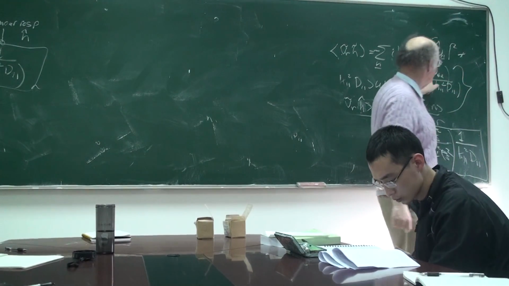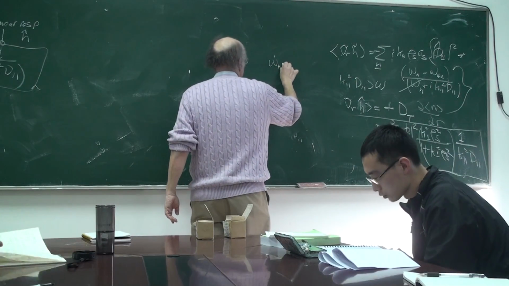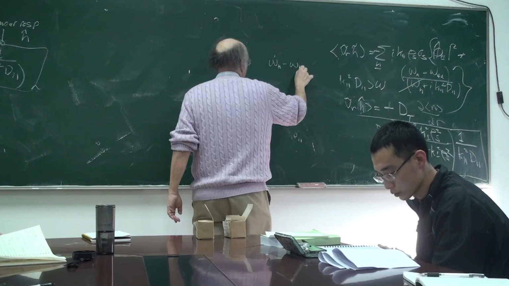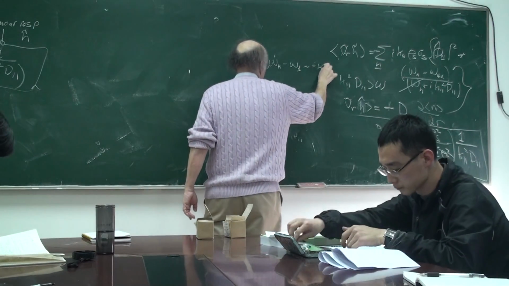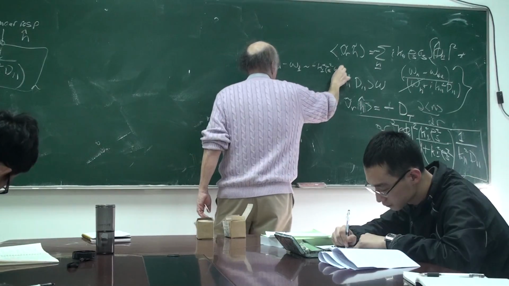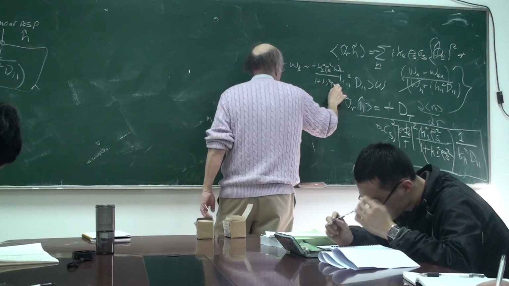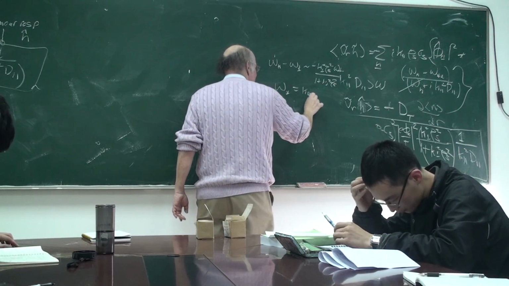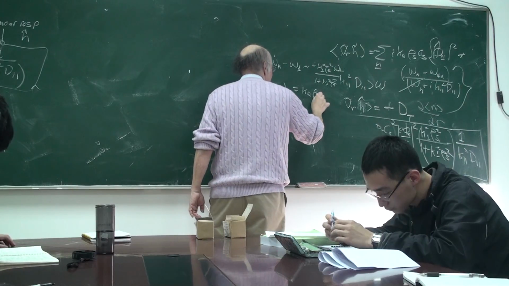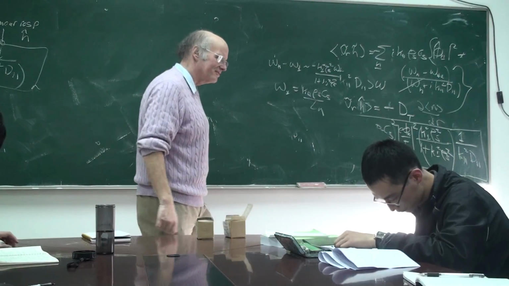It comes from this, right? Because omega k minus omega star goes as minus k perp squared rho s squared omega star over 1 plus k perp squared rho s squared. And omega star is equal to k theta rho s c_s over L sub n. So that's where it comes from, okay?